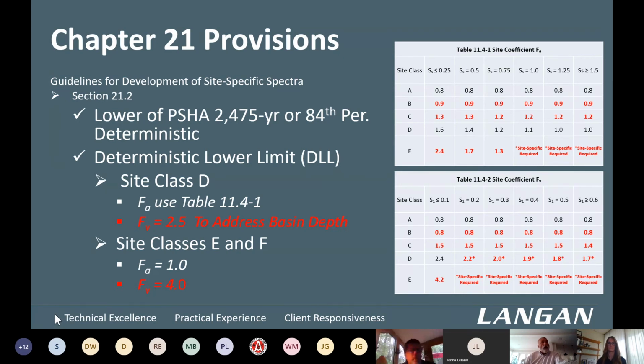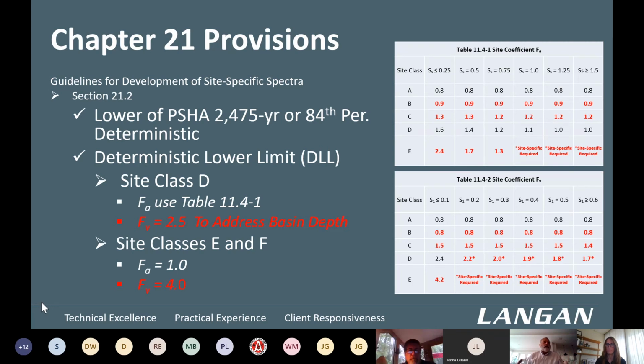Or a deterministic spectrum, which is basically you have a site, you have a fault that can generate an earthquake, and that earthquake could be a magnitude 7, 8, whatever, the maximum that can be on that fault, and you're X kilometers away, say 10, 15, 20, whatever it is.